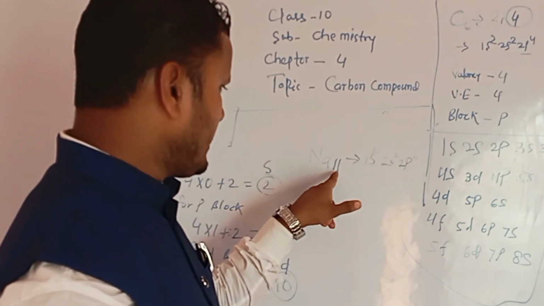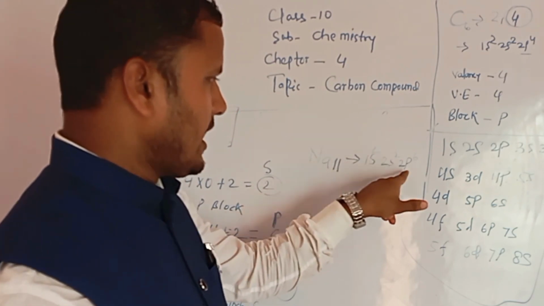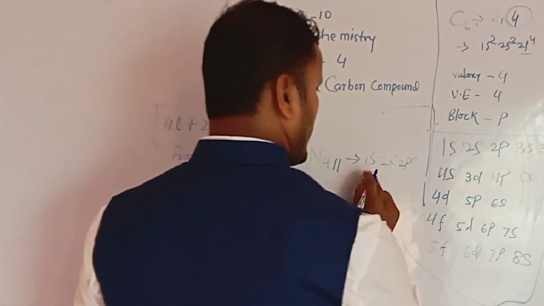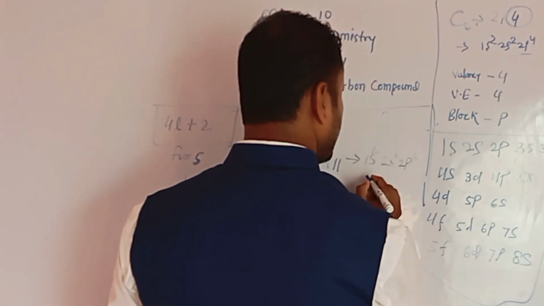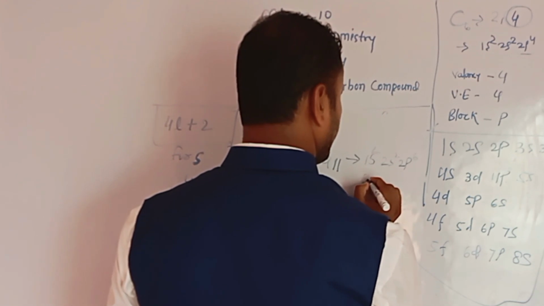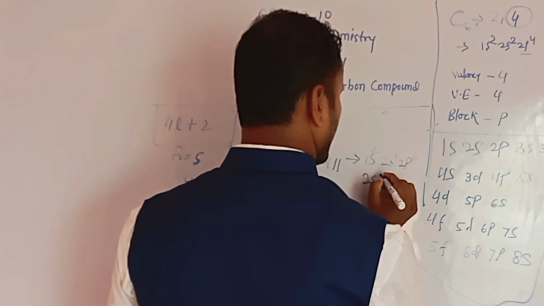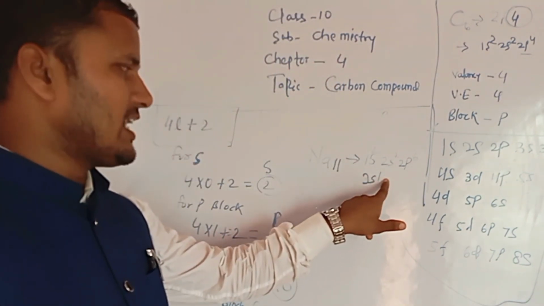Then how many electrons here? Atomic number 11. And we complete 10 electrons. Last, 1s, 2s, 2p, 3s. In 3s it is 1, because we have only 1 electron in the last orbit.